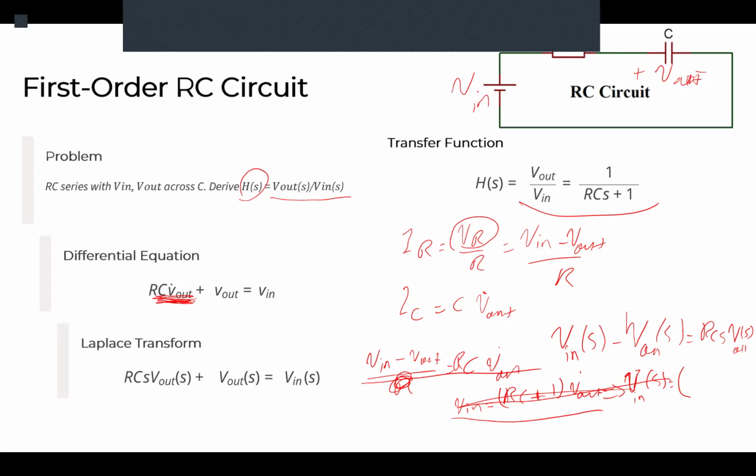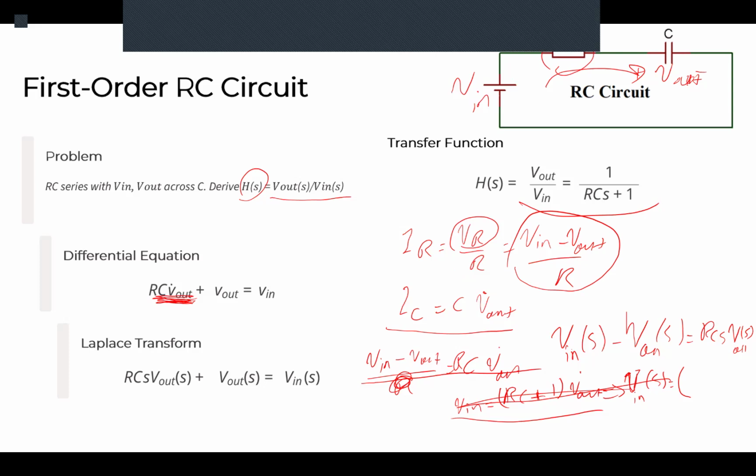So what we did is that we used the fact that the series components share the current. The current of the resistor is voltage in minus voltage out over R, a simple KVL. And the current of the capacitor is C times the differential of the voltage across it. These two are equal to each other. So we have V in minus V out equal to RC times the differential of V out.